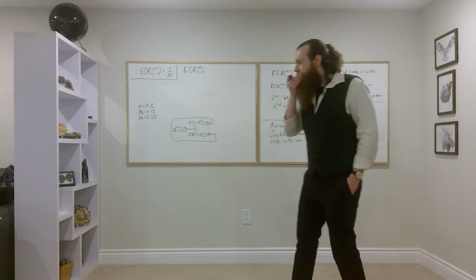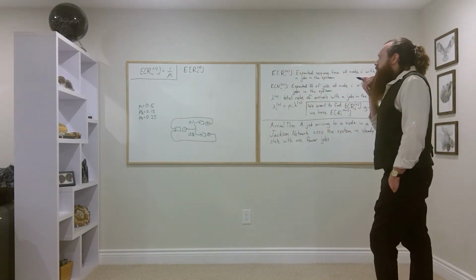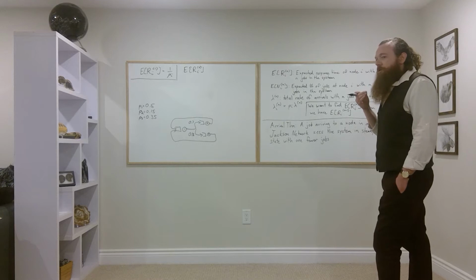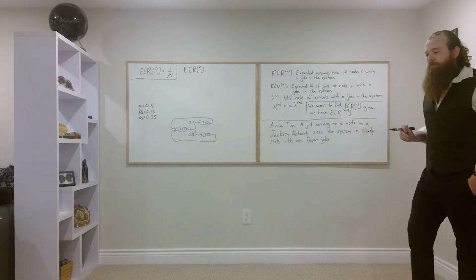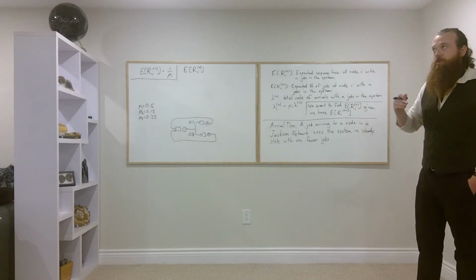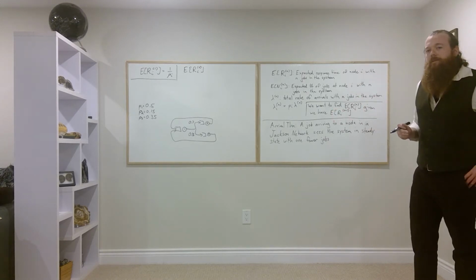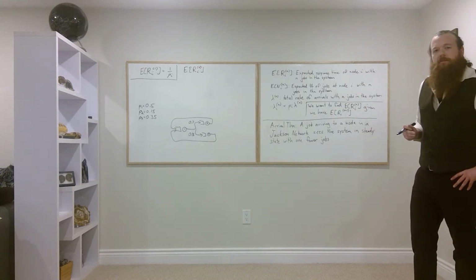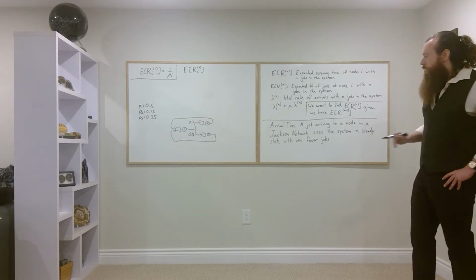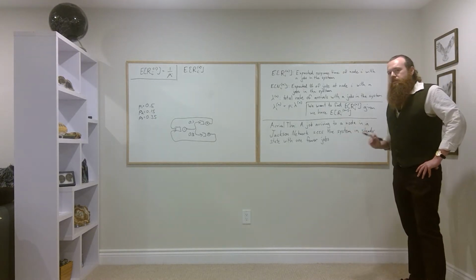Well, how might I start to grasp that? There's a key piece of information. When a job arrives to a node, how does it view that node? What kind of steady state does it view it in? Remember this.